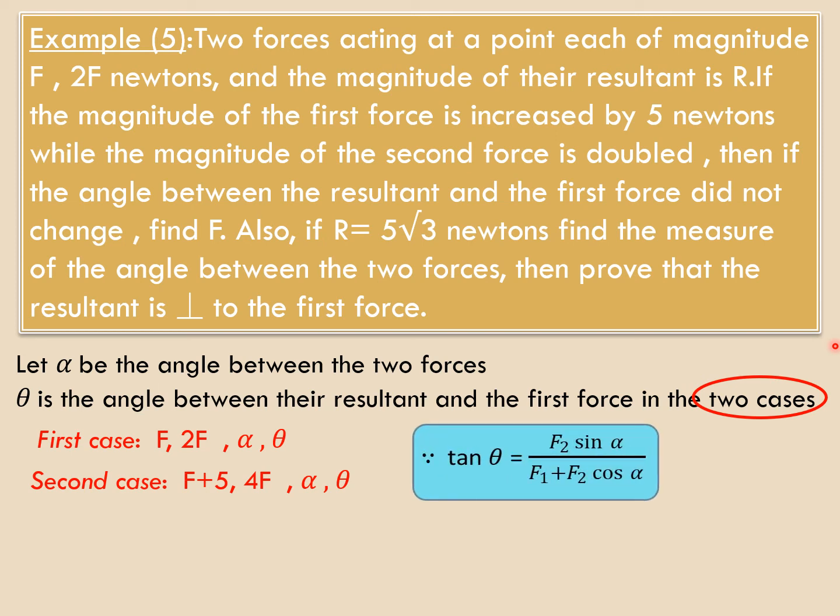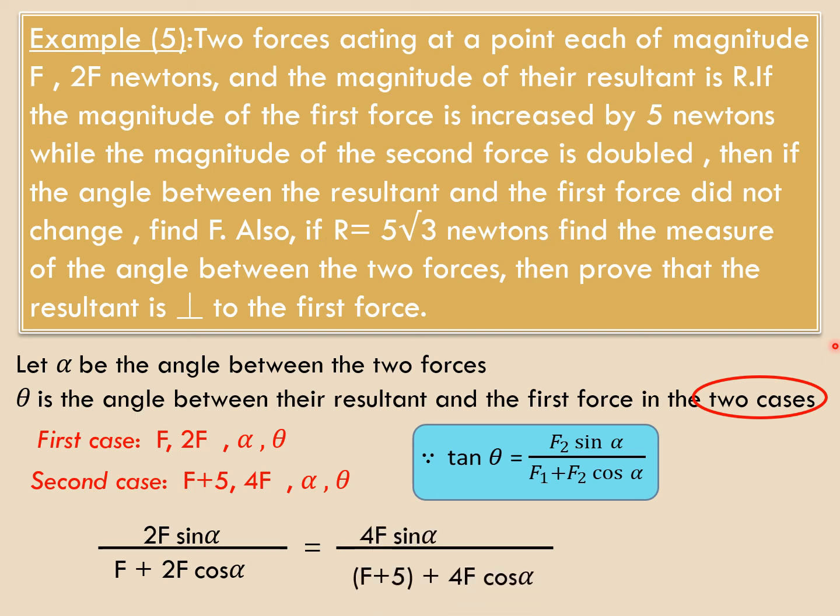So tan theta equals F2 sine alpha over F1 plus F2 cosine alpha. By substitution in the two cases, 2F sine alpha over F plus 2F cosine alpha equals 4F sine alpha over F plus 5 plus 4F cosine alpha.